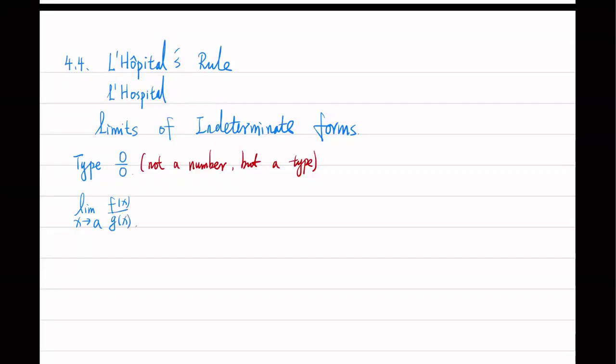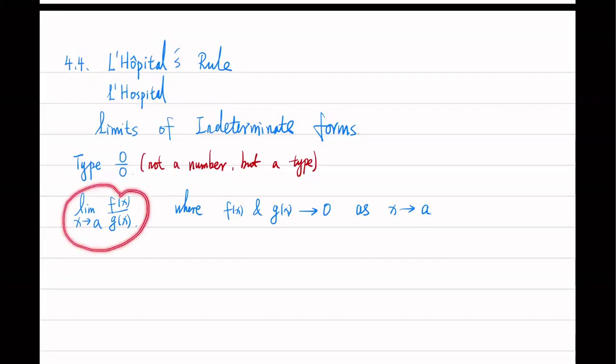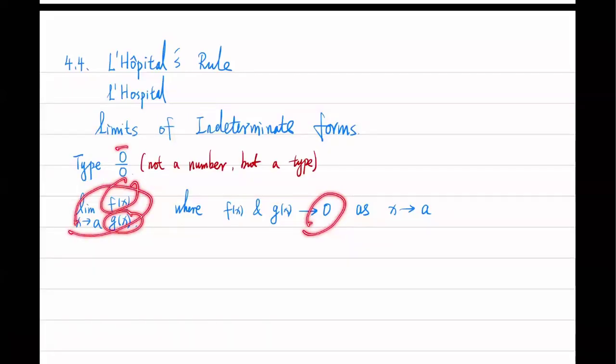If the limit has this property, when the numerator and denominator both go to 0, then we say this is a limit of indeterminate form with type 0 over 0. A little bit long, but it's very simple.